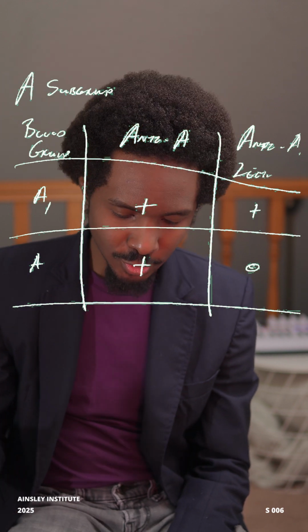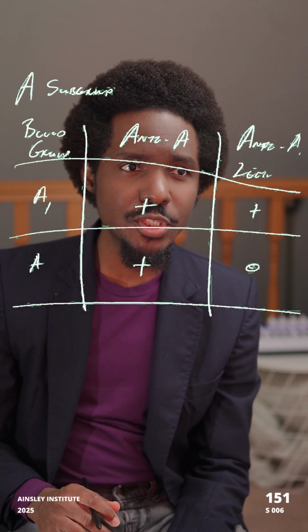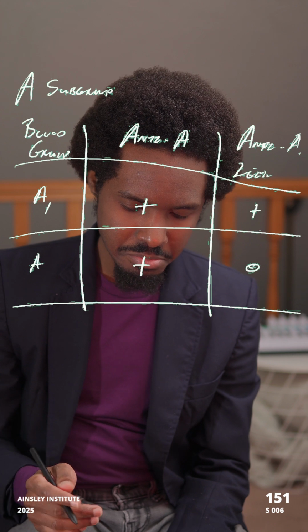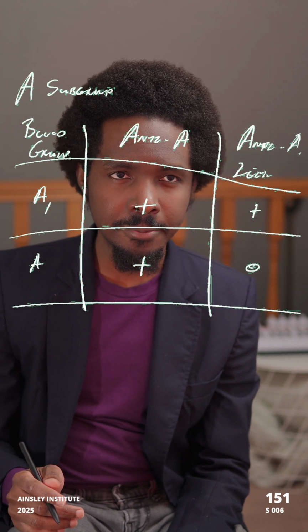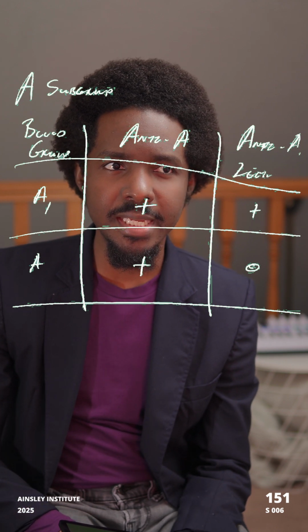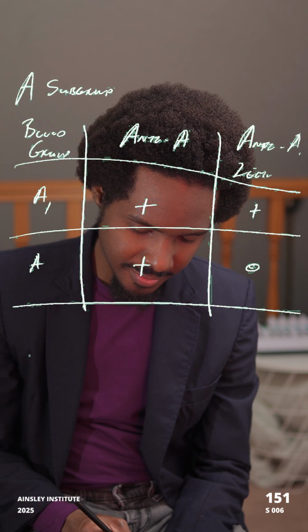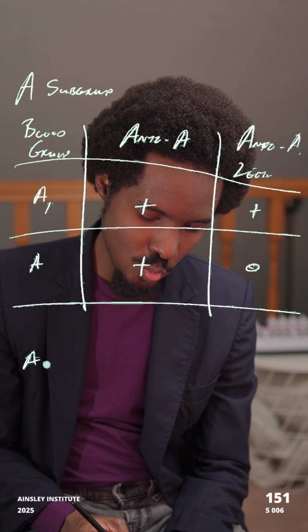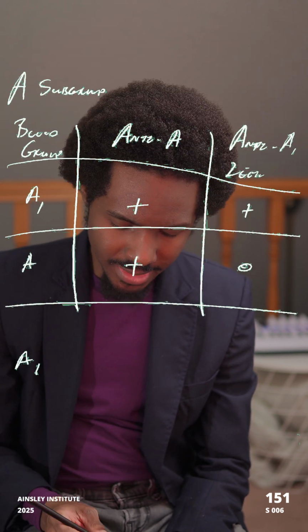All right, so let us try to do a reaction to determine the A substances. So if the blood group is A1, what antigen?